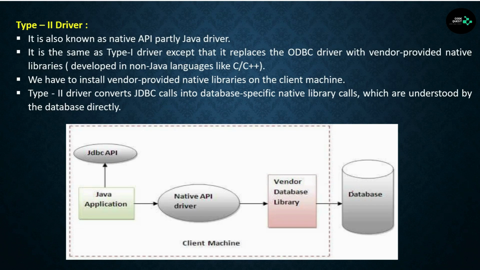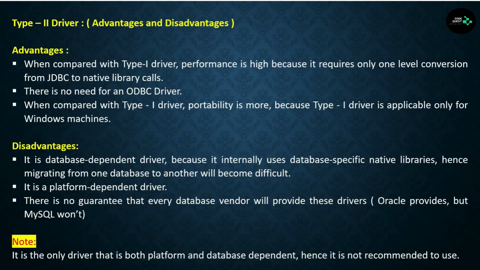If you change the database to MySQL or any other, you have to change the entire thing accordingly. So it is a completely database dependent driver because it has database specific native libraries. Hence, if you want to migrate from one database to another, it becomes difficult.